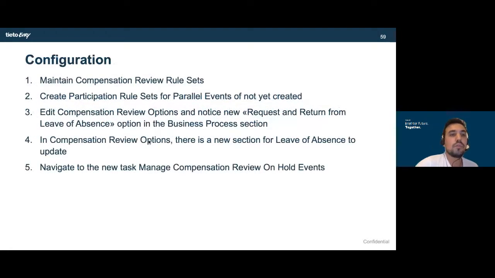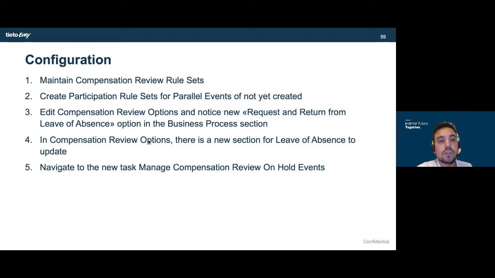So what you need to do, you go to maintain compensation review rule sets. You create a participation rule set for parallel events. So you don't have a specific rule set for absence. You need to create it for parallel events. Then you go to edit compensation review options, and you will notice a new section called request and return from leave of absence in the business process option.